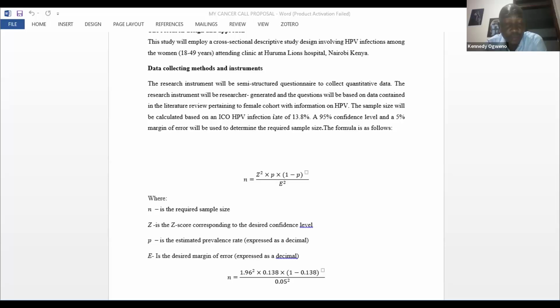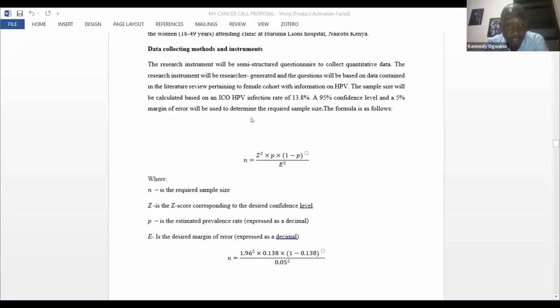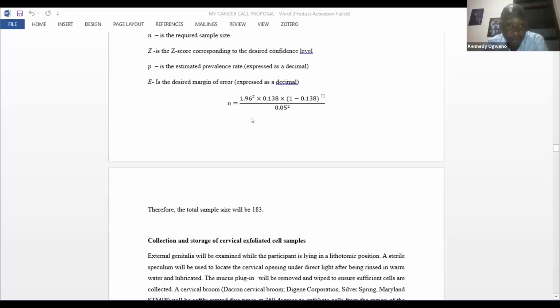So the Z-score for a 95% CI is normally 1.96. And the p-value is 0.05, okay? That is 5%. And then it's always the desired margin of error.